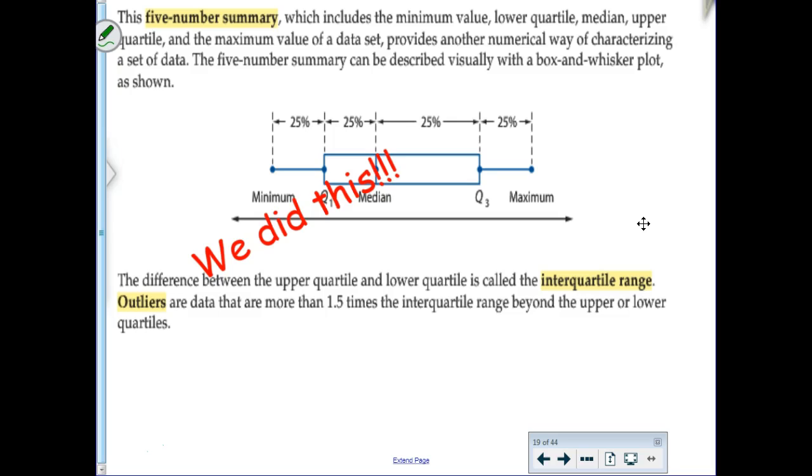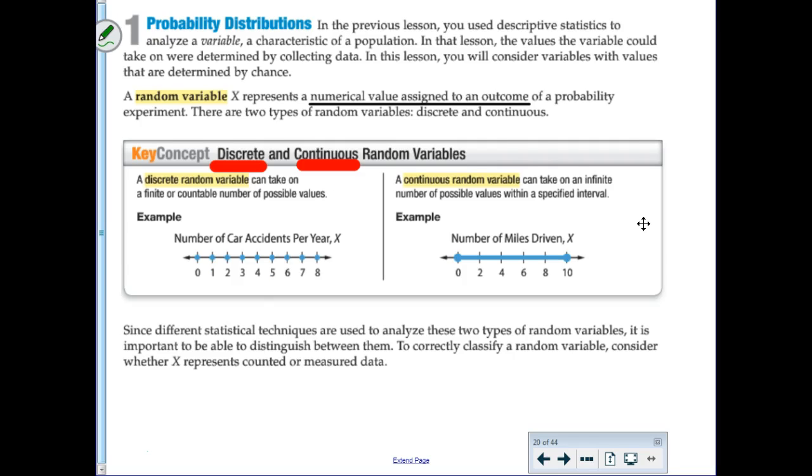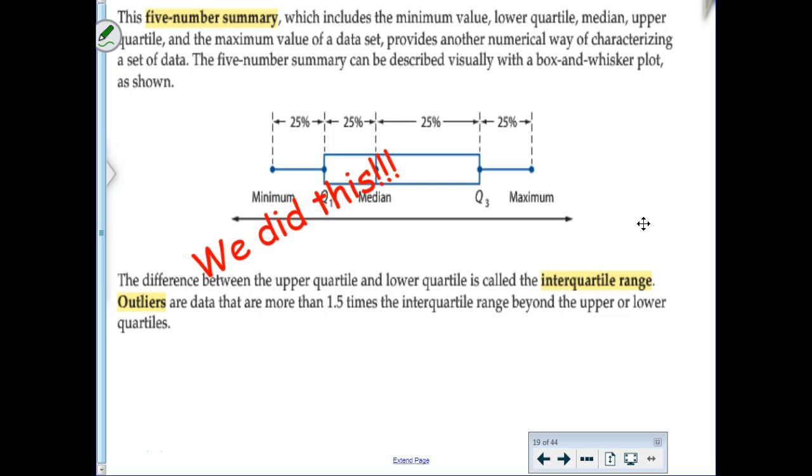So what you're going to have to do for your test next Friday is I'm going to give you some list 1 data. You've got to crank it in. You've got to get me the 5-number summary, which remember was min, Q1, median, Q3, max. And then you have to tell me whether there's an outlier on that box and whisker plot. You have 2 ways to figure that out.